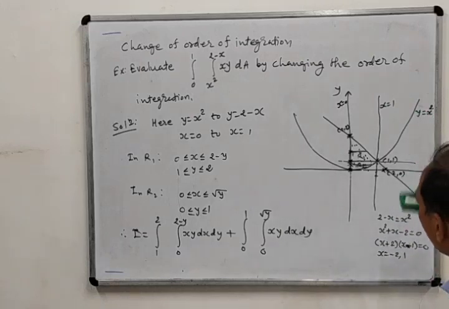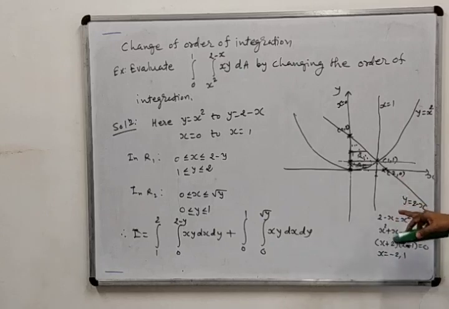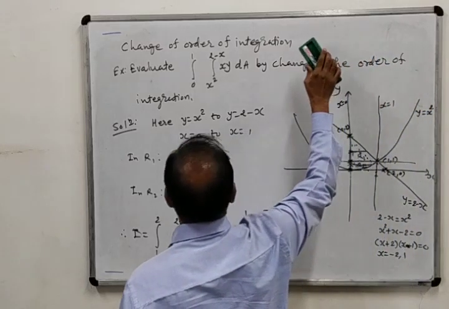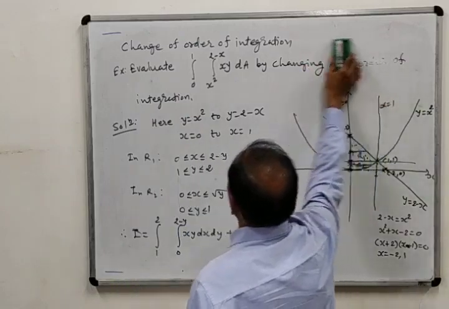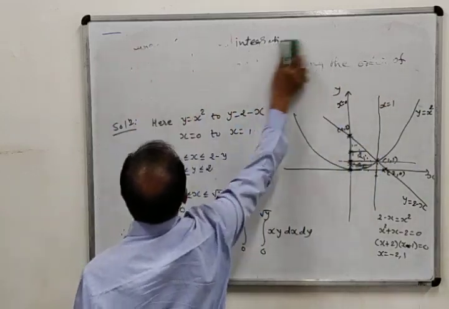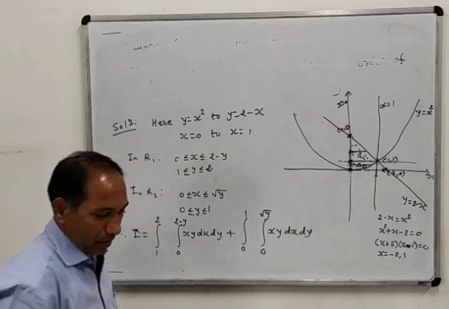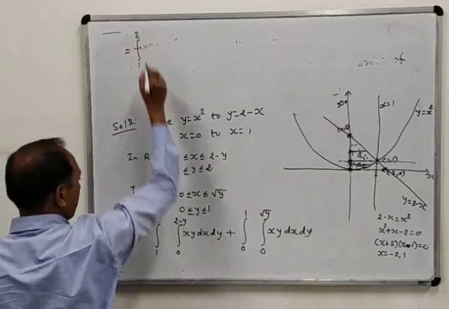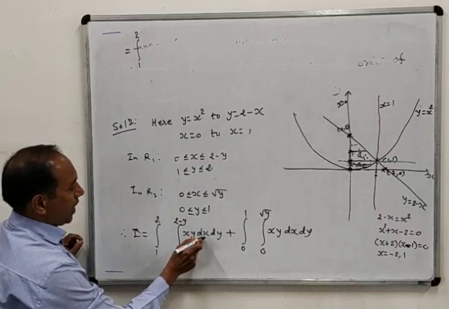So here, if you have noted this figure, then I will rub it out. Okay. So here, this equal to, I will integrate the first one. Integration is with respect to x.